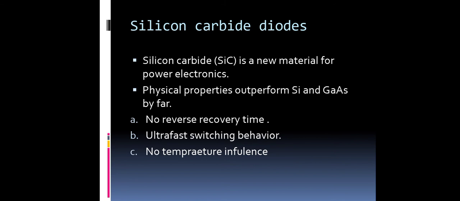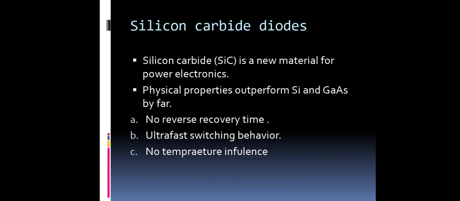The silicon carbide diode is manufactured by Infineon Technologies. It has ultra low power losses and high reliability. These are the main features of the silicon carbide diode.